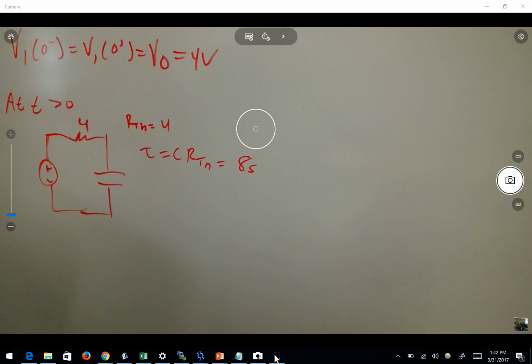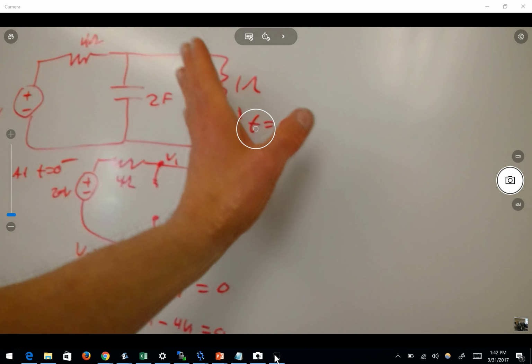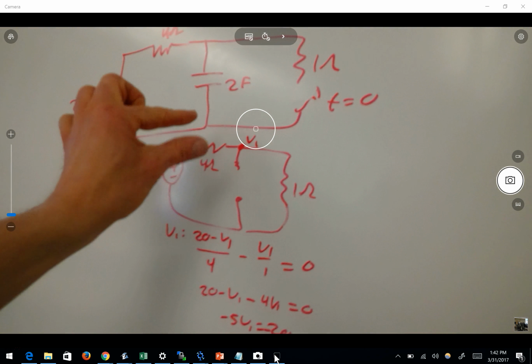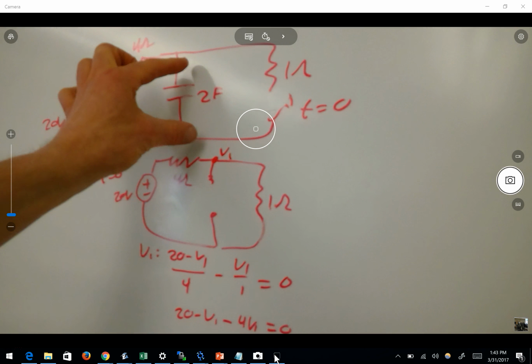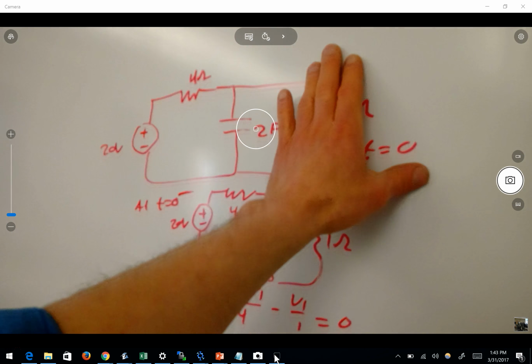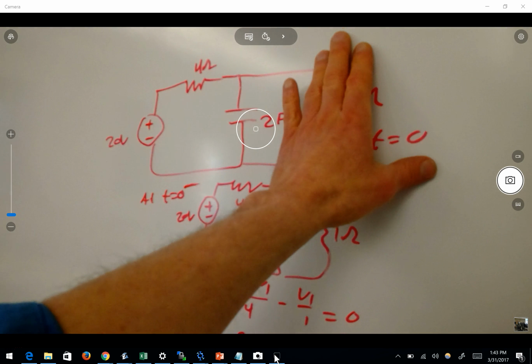And then your final value of the capacitor, V infinity, is going to be what? Once that switch has opened, you can ignore that part. In the steady state, once everything settles down again, that's going to become an open circuit. What's the voltage going to be across the capacitor, once it's become an open circuit?